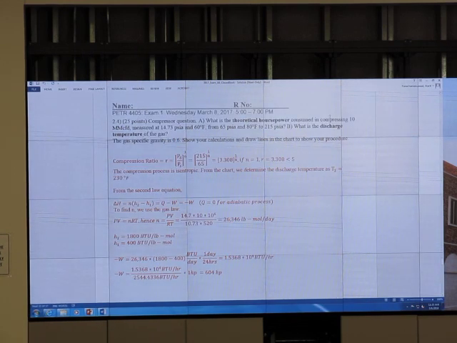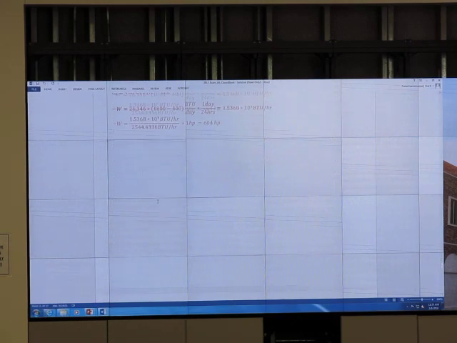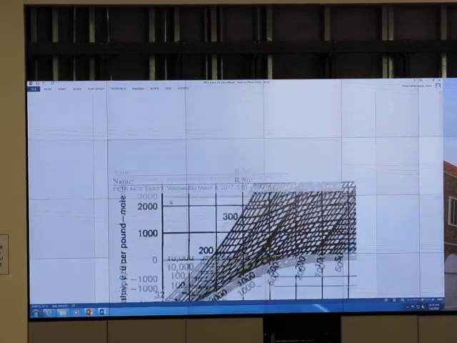What is the local horsepower? Compression ratio. Last year, some people used compression ratio of different stage to be different value, which is wrong. Okay? Every stage has to have the same compression ratio to minimize the horsepower. So it's just this. Yes, it's too basic, right?